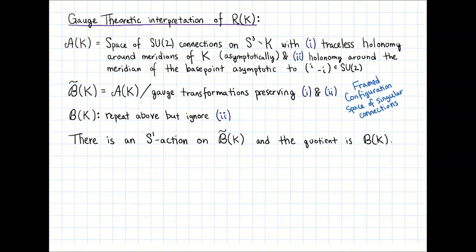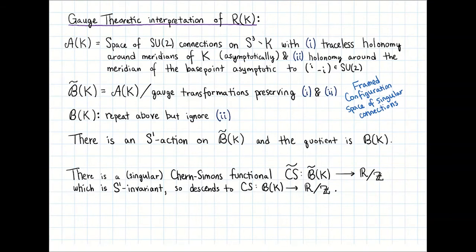There's a circle action on the framed configuration space such that the quotient is the ordinary configuration space. Now there's a Chern-Simons functional on the framed configuration space. Its values lie in R mod Z, and this functional is invariant with respect to the circle action, and it descends to the ordinary configuration space.